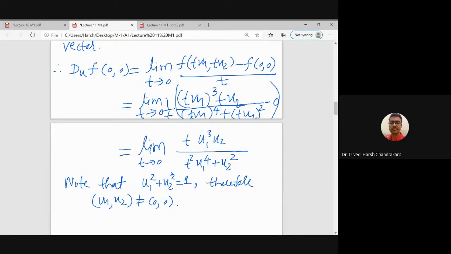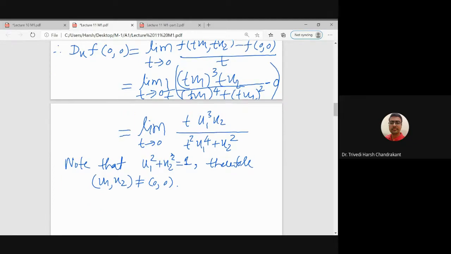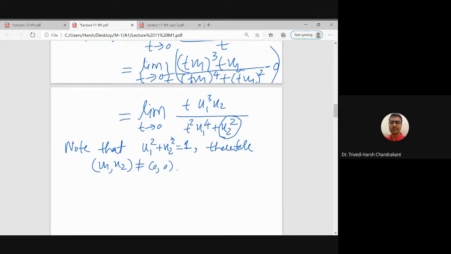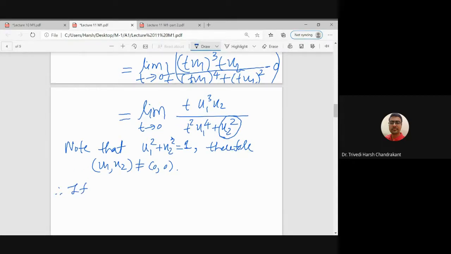and the other case is u2 is non-zero. So since our function has one term which is u2 square, which does not involve t, we are considering two cases. First case is u2 is 0. The other case we will consider is u2 is non-zero. So let us consider both the cases. So in the first case u2 is 0, so then what is the possible choice of u1?